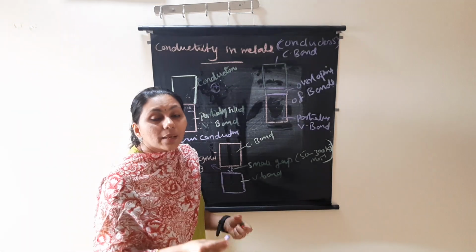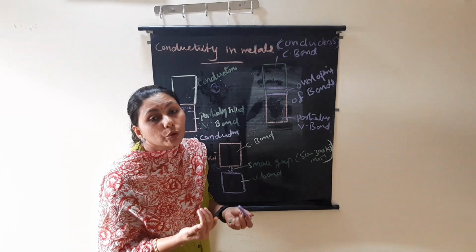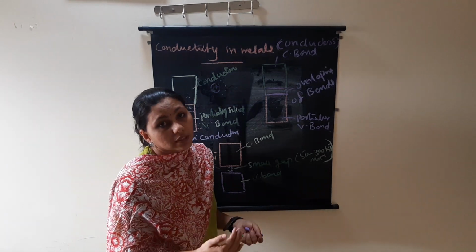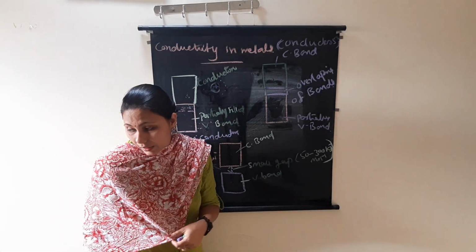Semiconductivity in pure substances like germanium and silicon, which are pure semiconductors, is known as intrinsic semiconductivity. That semiconductivity in pure substances is known as intrinsic semiconductivity.